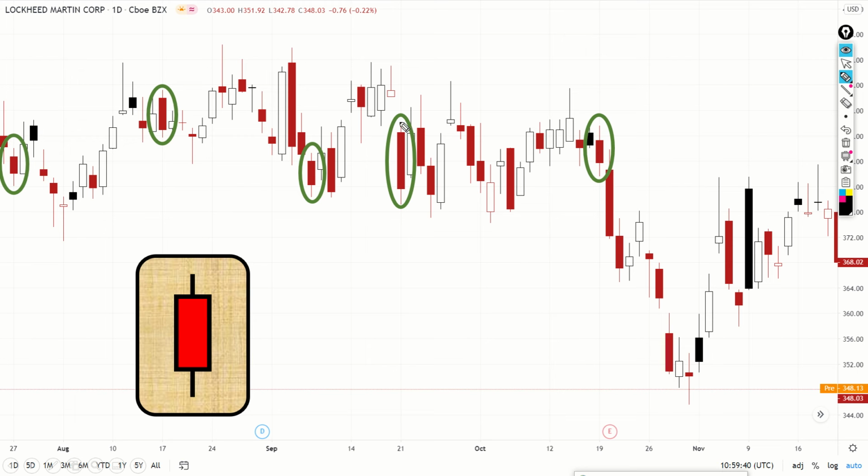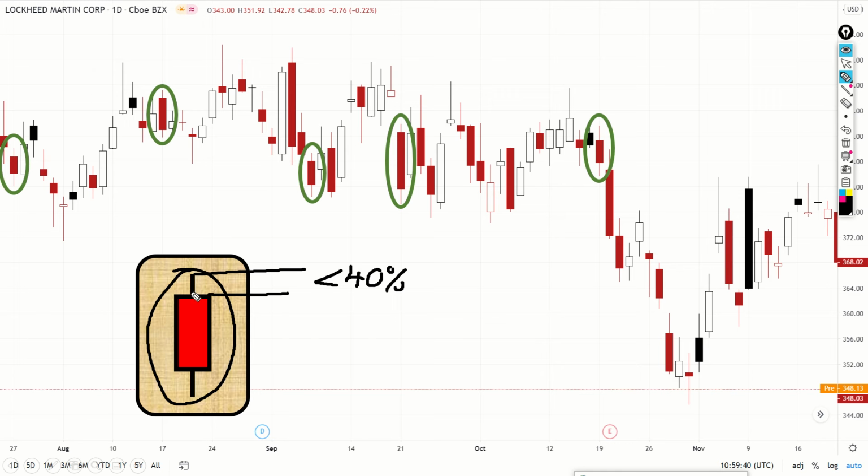You might see some with shorter wicks, or shadows, compared to the body, and others with longer shadows compared to the body. But it doesn't matter. What really matters is that the wick is not more than around 40% of the entire candle.